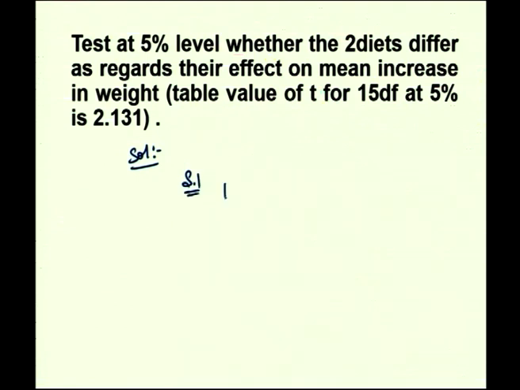Step 1, H naught is mu 1 is equal to mu 2. Mu 1 equal to mu 2 implies the increase in weight of the cows fed with diet X is the same as the effect of diet Y on cows.